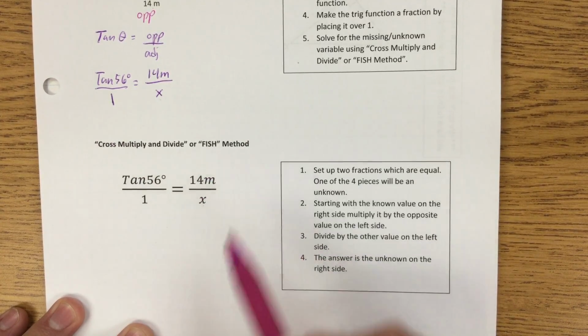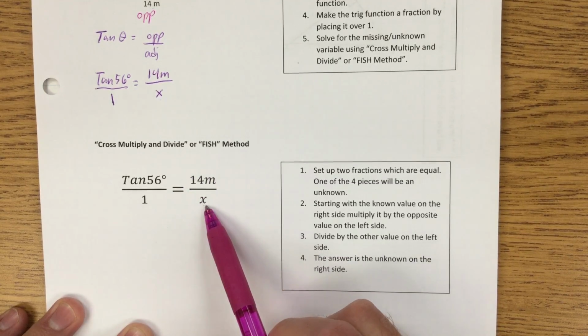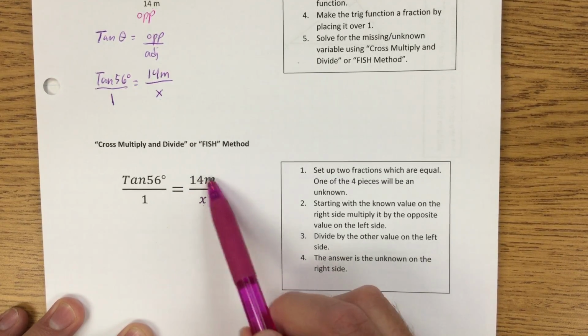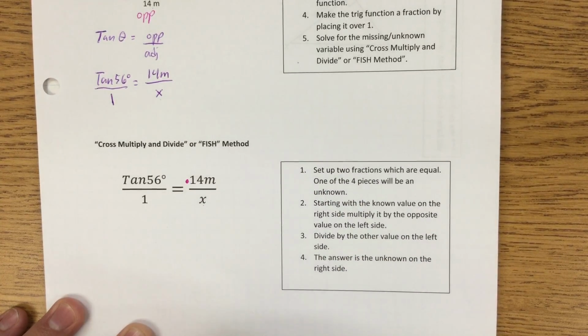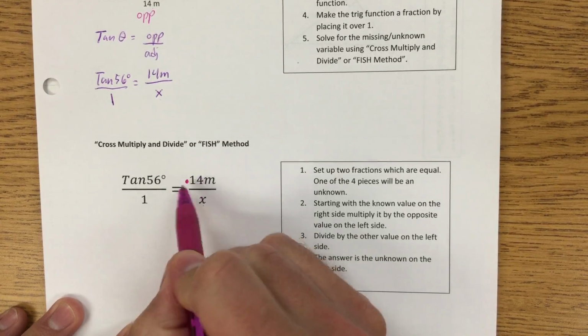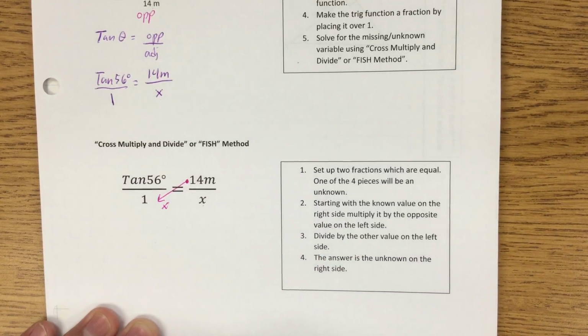Then, to solve for x, we start with the known value on the side of the missing piece. So the missing piece is here, and here's the known value, so we're going to start right here. I'm going to put a dot right there, and we're going to multiply across. Because we're on top, we multiply down. So this is multiplication right here, cross multiply.